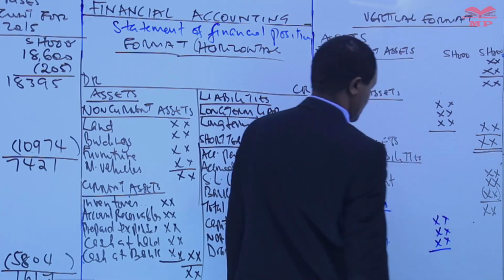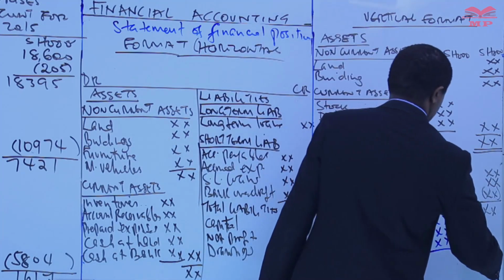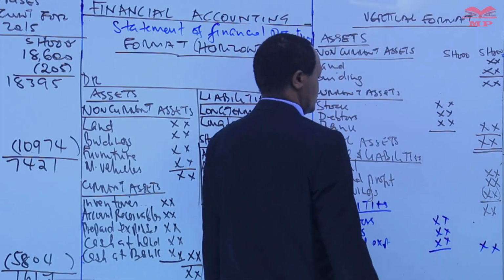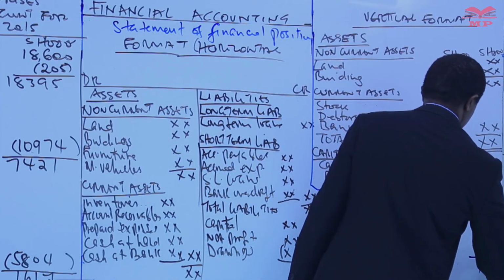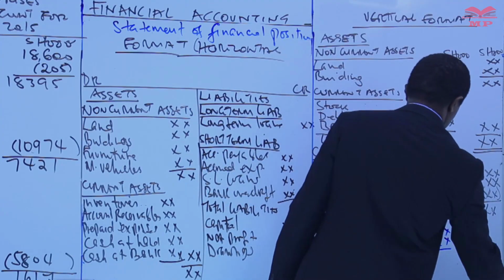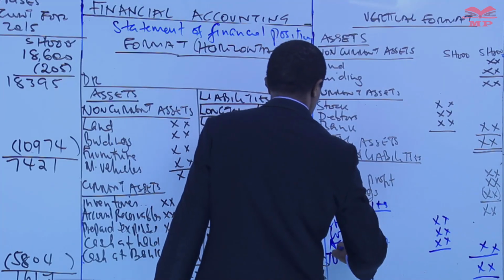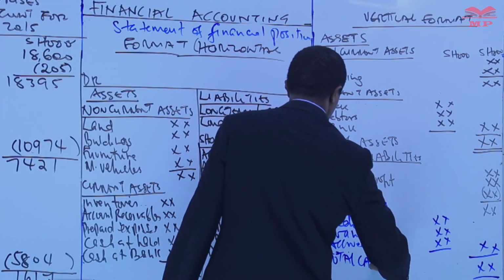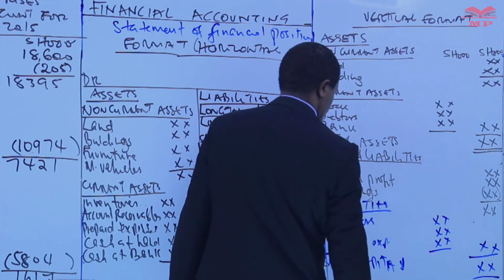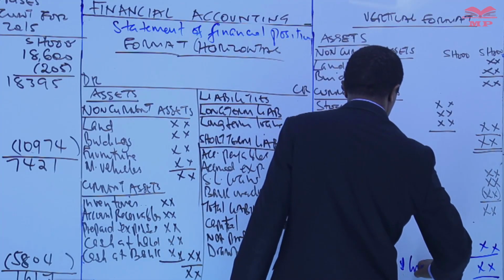Get the total liabilities, add to the total capital. What we have here is total liabilities, total capital, and total liabilities.